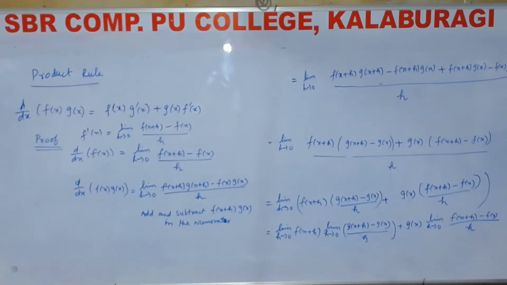Next one, what is g dash of x? Limit x tends to 0, g of x plus x minus g of x upon x. Same thing. You tell me, what is f dash of x? Limit x tends to 0.